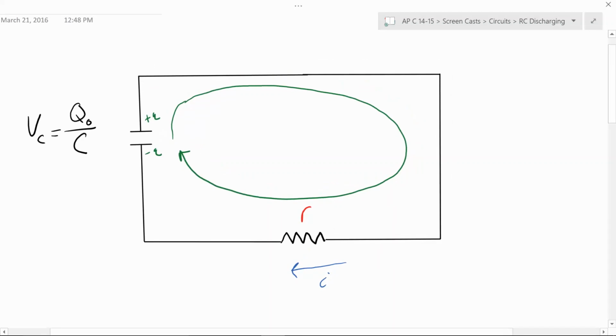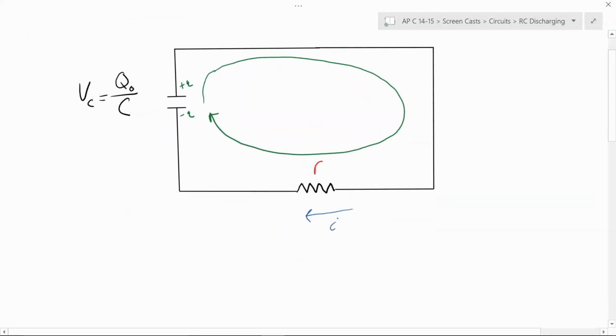So there's sort of two ways you can look at this. The traditional way I normally see this written up is that you have a Q over C, which is sort of the voltage across the capacitor, and current leaves the capacitor, and then it goes through the resistor, and you lose IR, and that's got to equal 0.